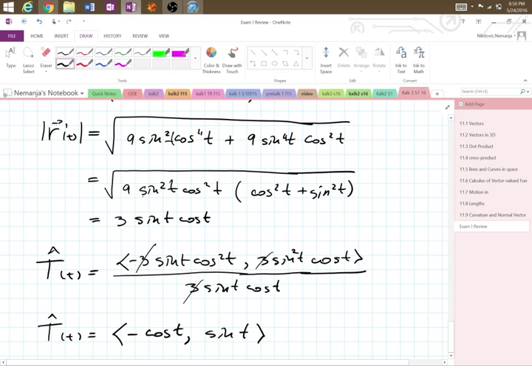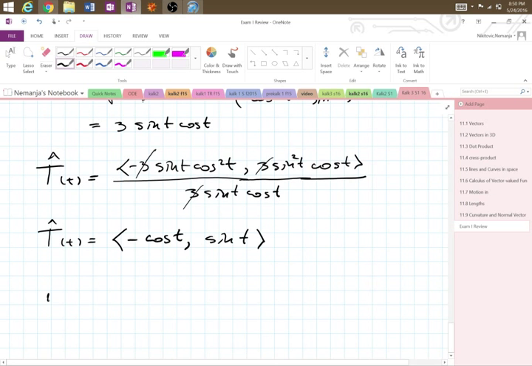What is the formula for curvature? It's the magnitude of T prime over the magnitude of r prime. Very good. So this is T prime.